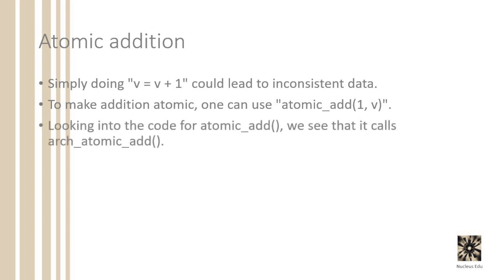Looking into the code for atomic_add, we see that it calls arch_atomic_add. And this is how the code of arch_atomic_add looks. We can see that it's actually a set of assembly instructions. The first one is what is most relevant to us, where there is an instruction called addl, which translates to add long in the assembly language for the CPU instruction.